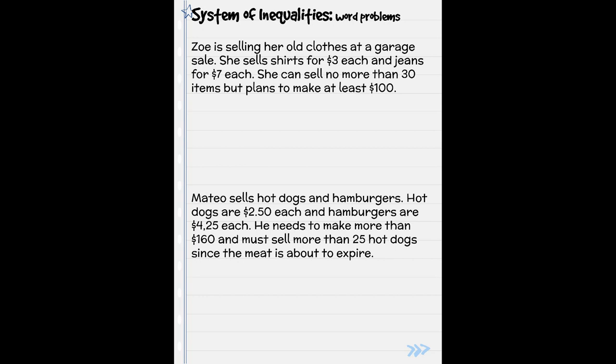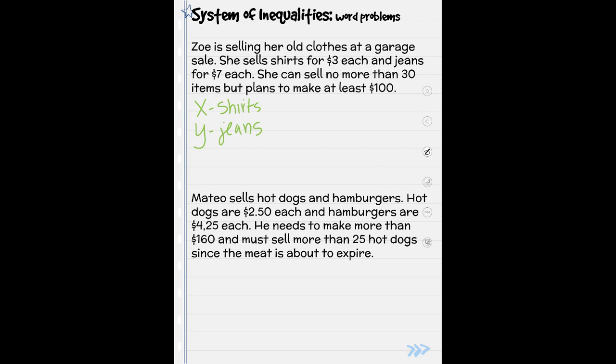She can sell no more than 30 items, but plans to make at least $100. So what do we have here? We've got shirts and jeans. Let's define our variables. I'm going to say X is shirts and Y is jeans.